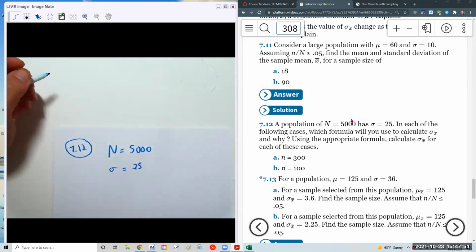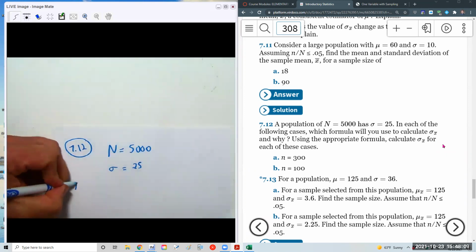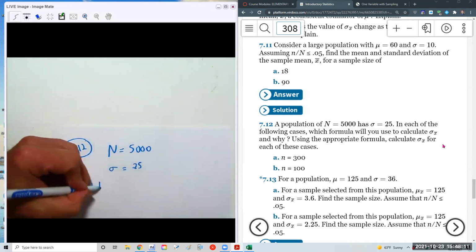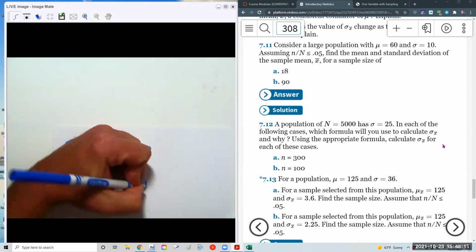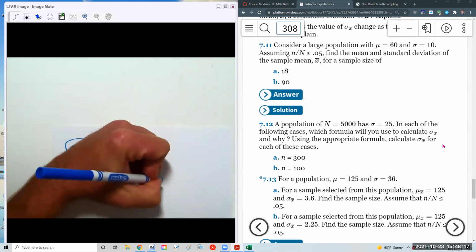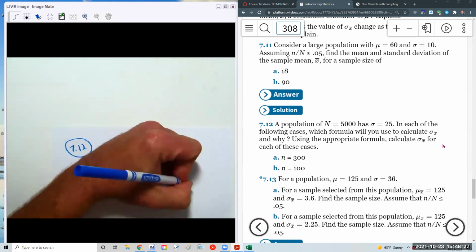In each of the following cases, so there's two different questions here, A and B, which formula will you use to calculate sigma x bar and why? Okay, so what do we need to check? We need to check, is little n divided by big N less than or equal to 5%.